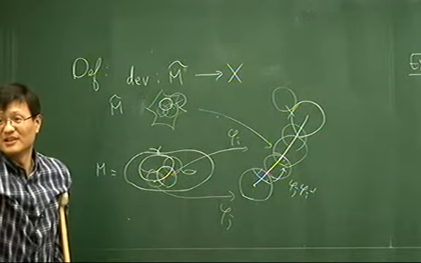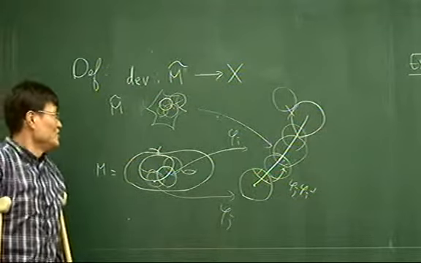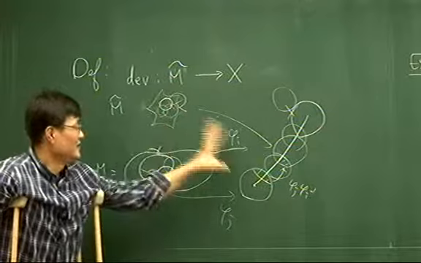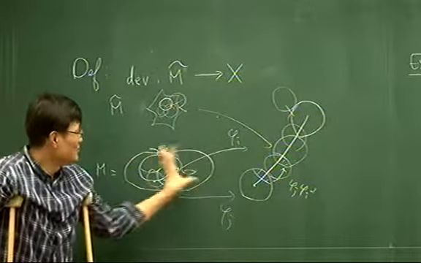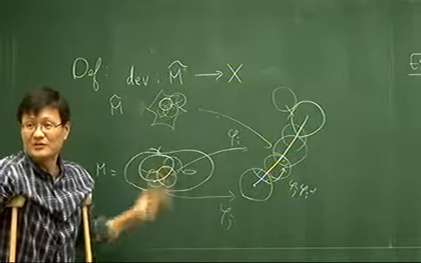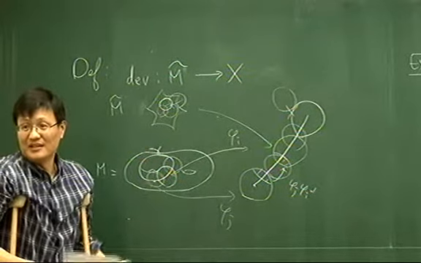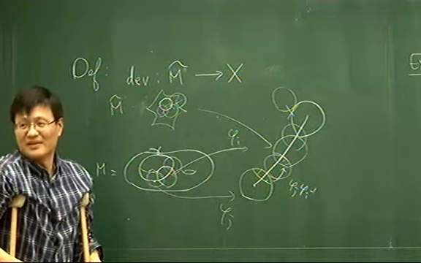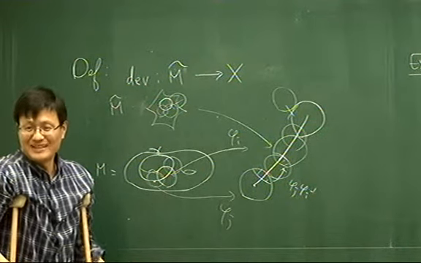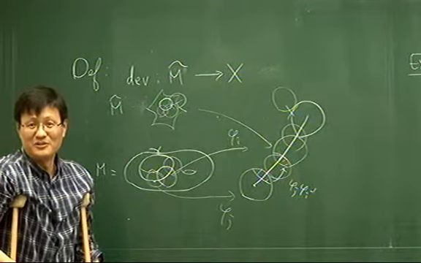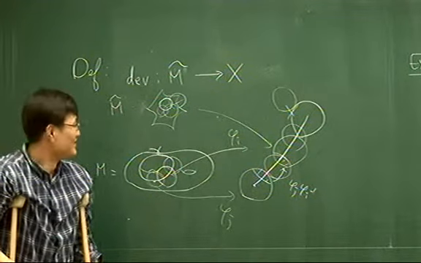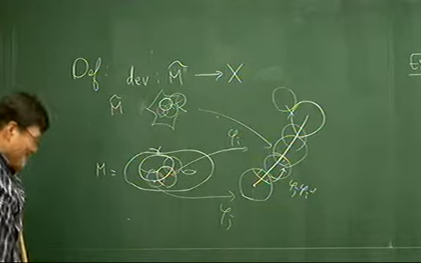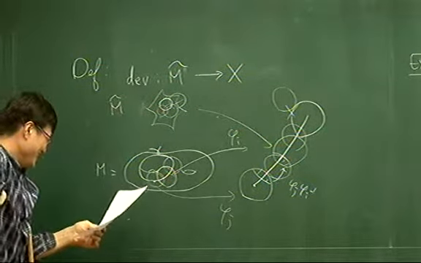Once you make a choice of one open set and its image, you can uniquely develop this. Analytic continuation gives you a developing map. Because I'm lazy, I'm not writing down all the details, but I hope you understood. So this is a developing map by picture.